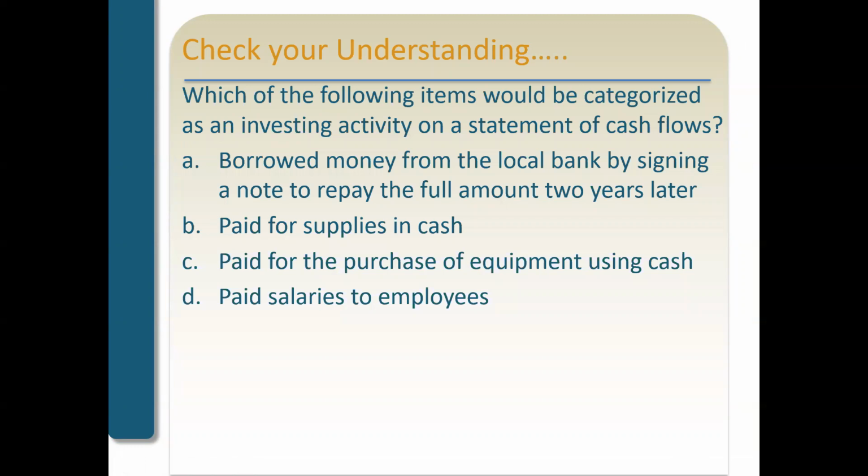Which of the following items would be categorized as an investing activity on a statement of cash flows? Borrowing money from a local bank by signing a note to repay the full amount 2 years later. Paid for supplies in cash. Paid for the purchase of equipment using cash, or paid salaries to employees.